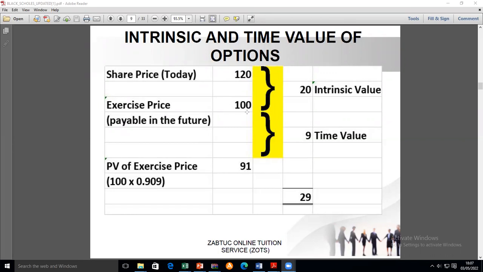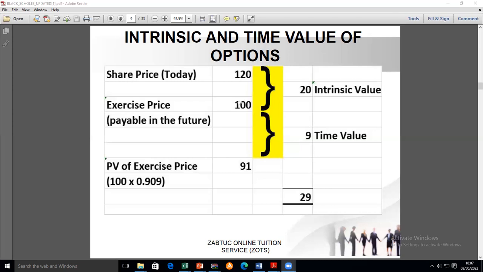If this figure is a year from now, then we must calculate a time value. So we get a time value.